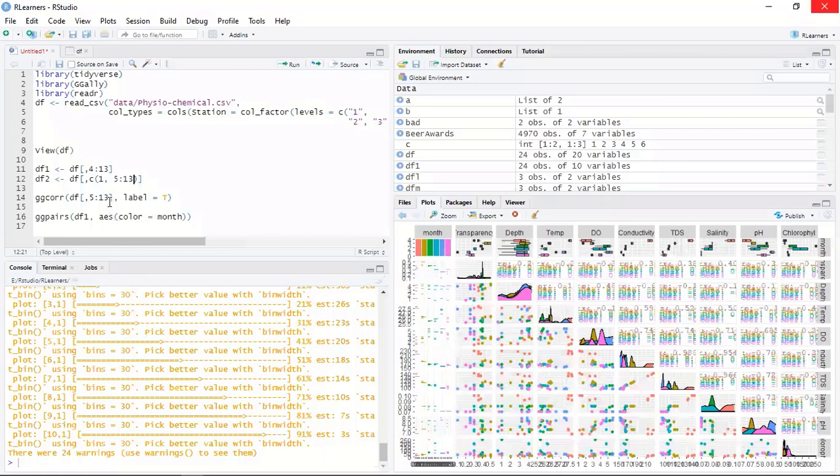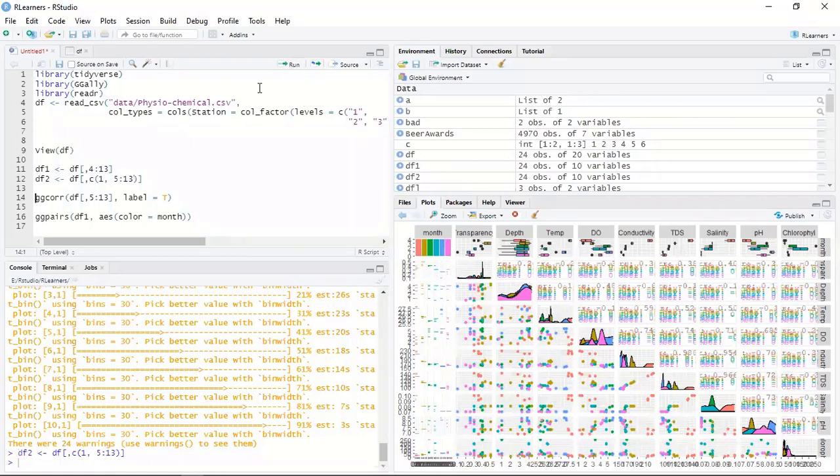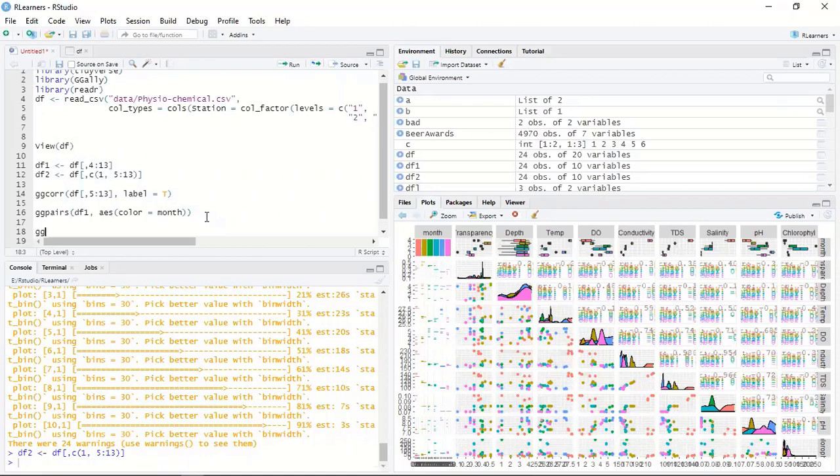So for DF2, let's do ggcorr. So DF2 and label equals true.